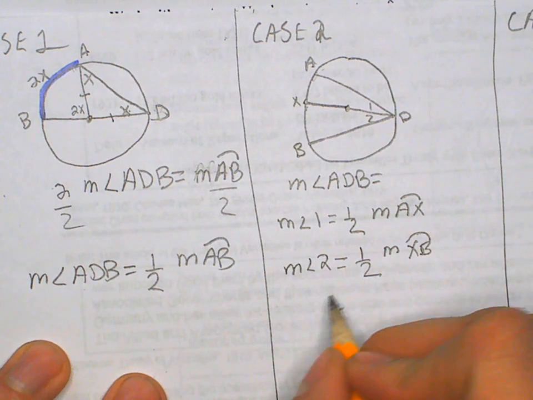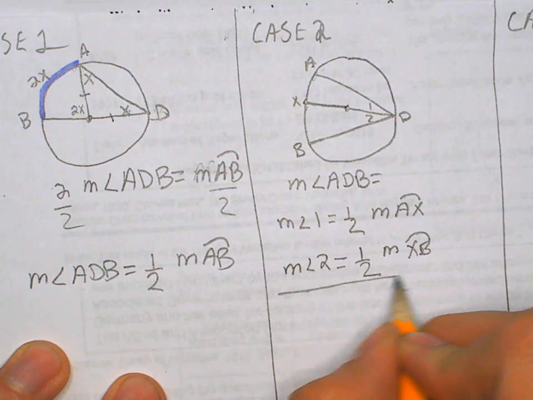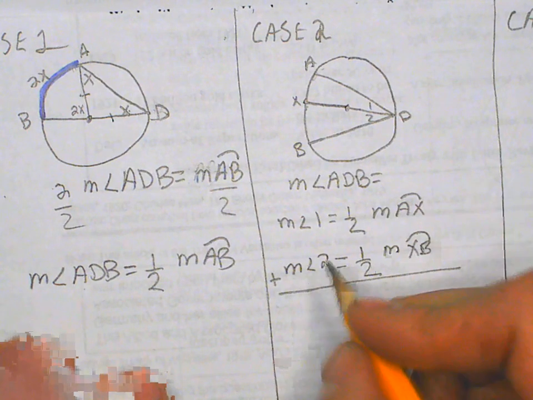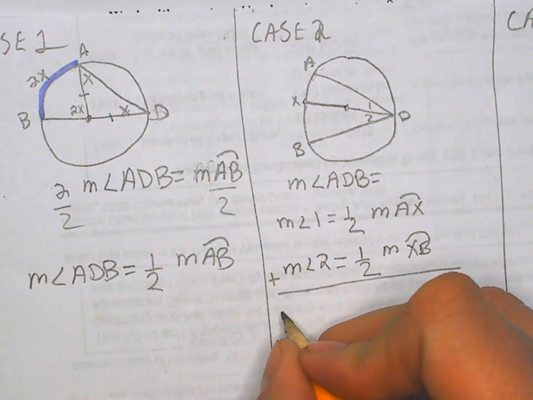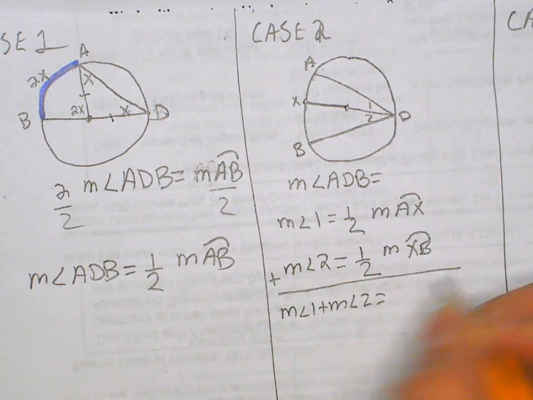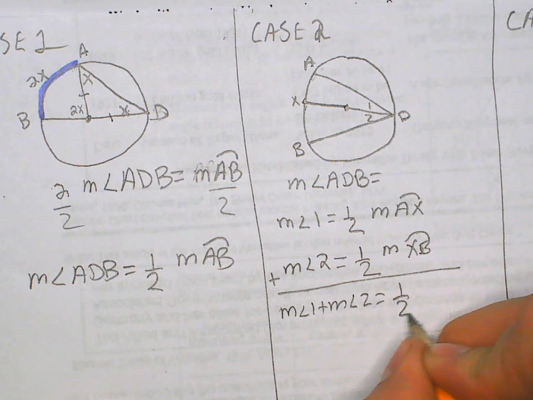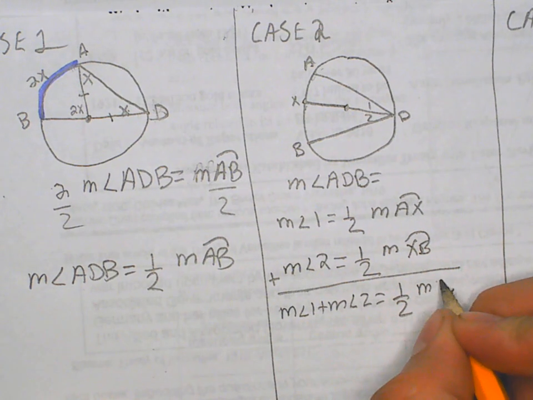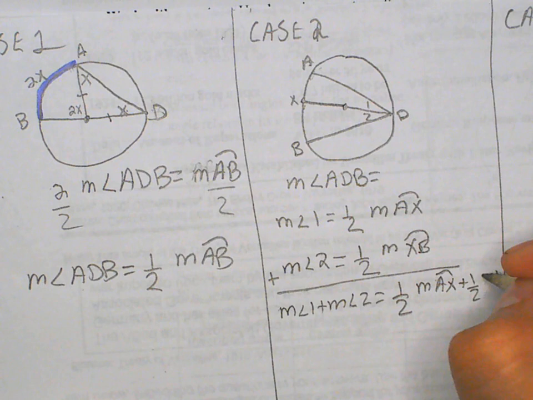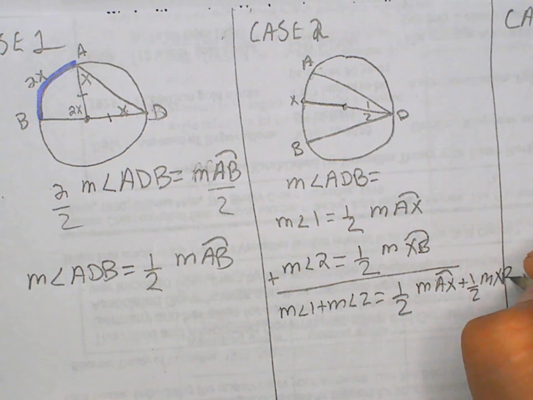Now, when I add these together, I'm going to have the measure of angle 1 plus the measure of angle 2 equal to 1/2 the measure of arc AX plus 1/2 the measure of arc XB.